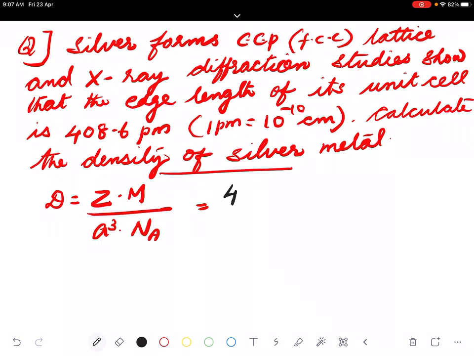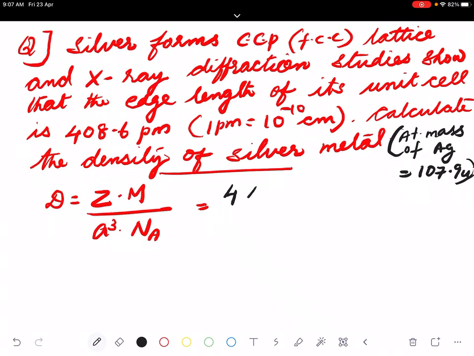What is M? Molar mass of silver. They have given the atomic mass of silver, which is 107.9 U. You can get the molar mass by changing the unit to grams per mole.